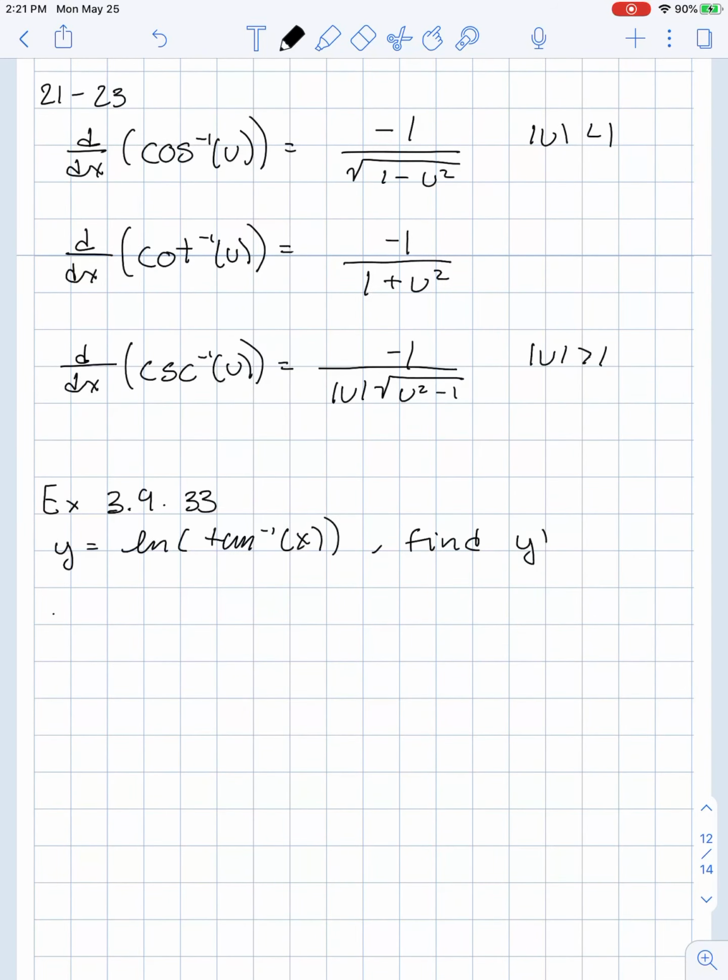Alrighty, so this is chain rule, right? I have a function inside my other function. In this case, arctangent is my inside function, and ln is my outside function. So I'm going to take the derivative of the outside with the inside still the same. Ln of whatever is going to be 1 over whatever. So I'm going to have 1 over tan inverse of x times the derivative of my inside.